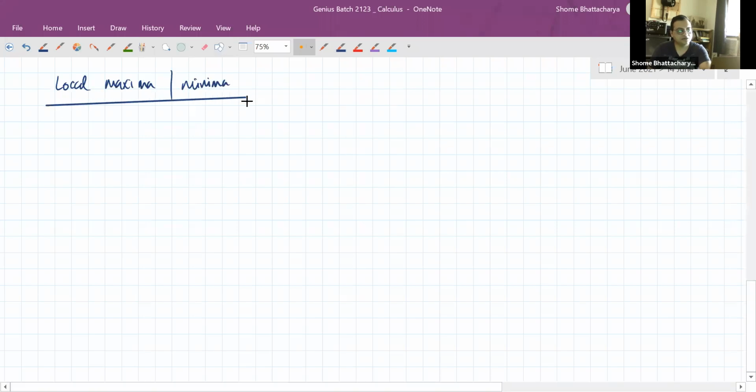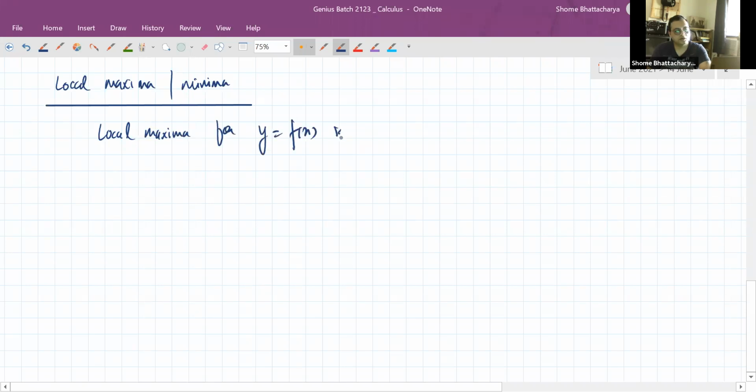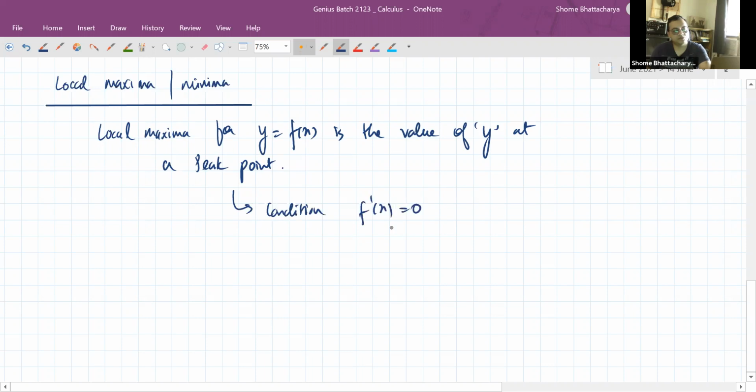As a definition, local maxima is the value of y at a peak point. So the condition for this we saw is that f prime x should be 0 and second derivative should be negative at the point of local maxima.